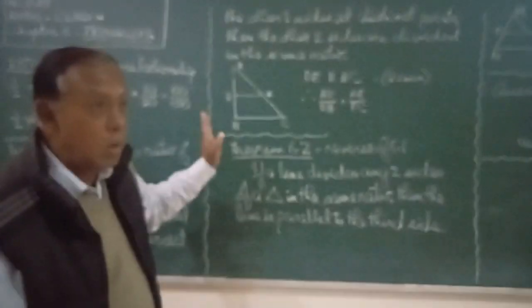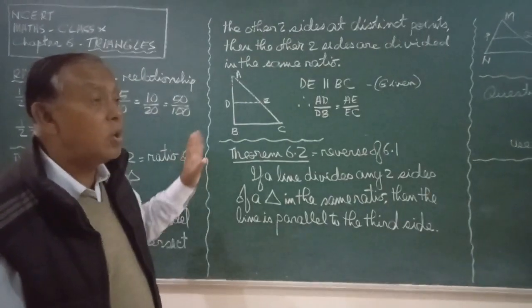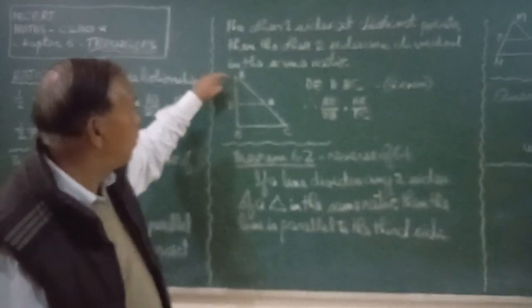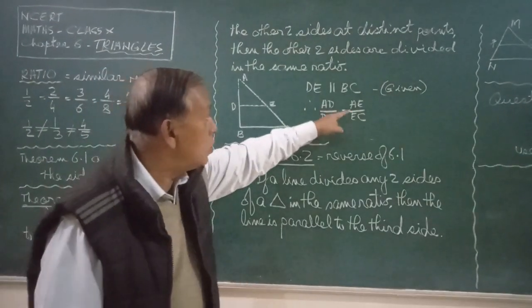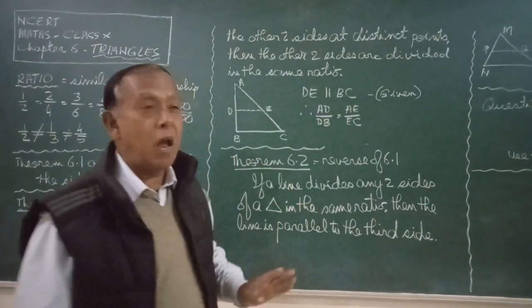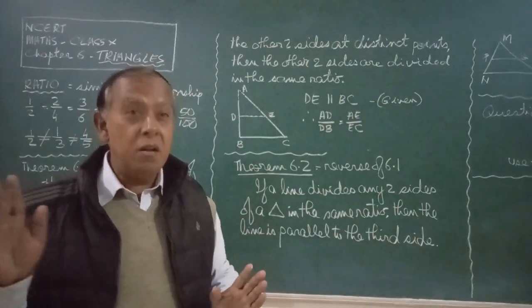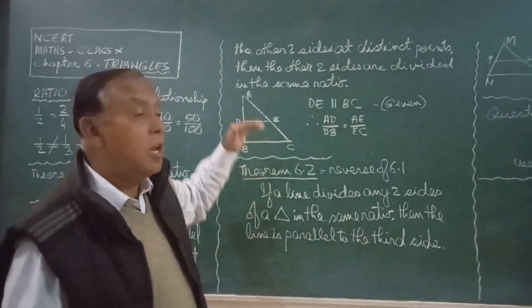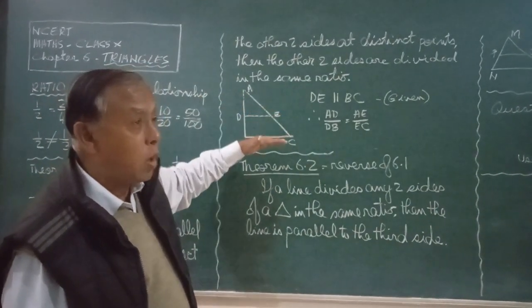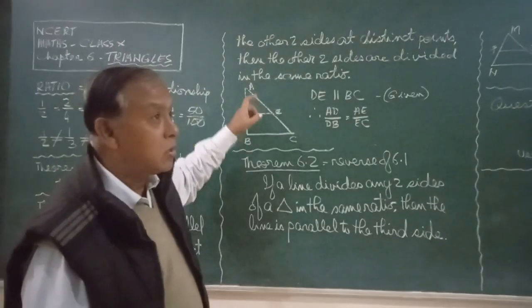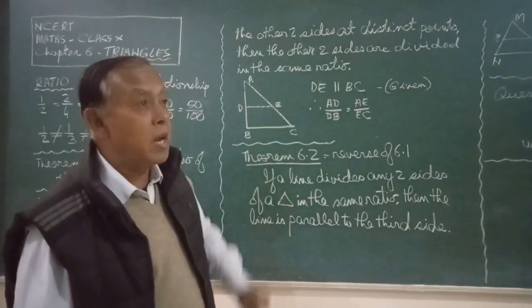You see, they are not equal, but they are in the same ratio, same type of relationship. And therefore, what you must remember in this theorem are these words: if a line is drawn parallel to one side, then the other two sides are divided in the same ratio.